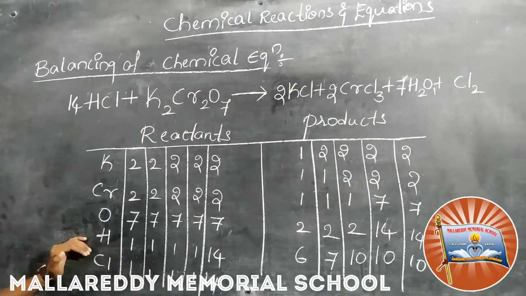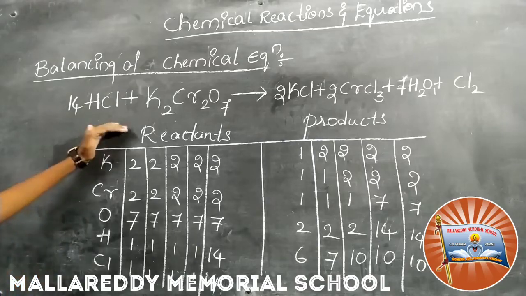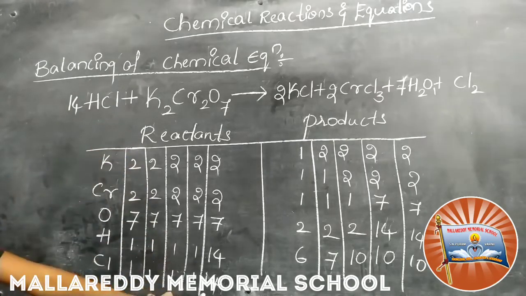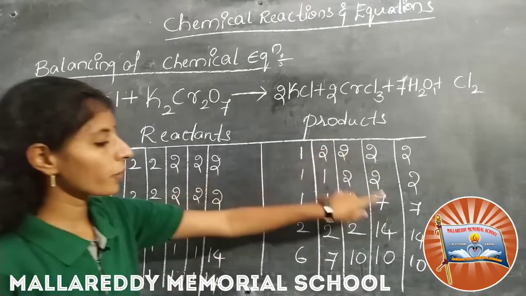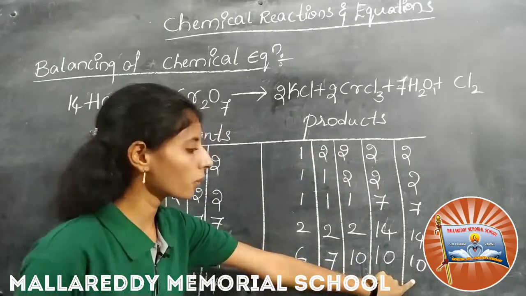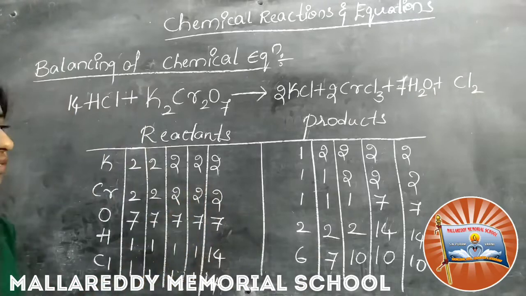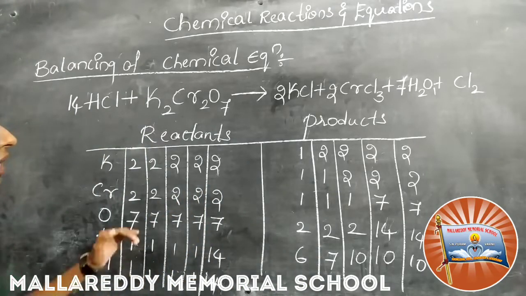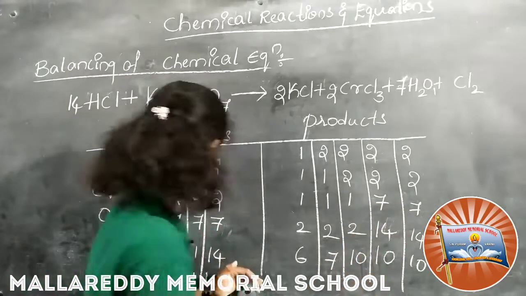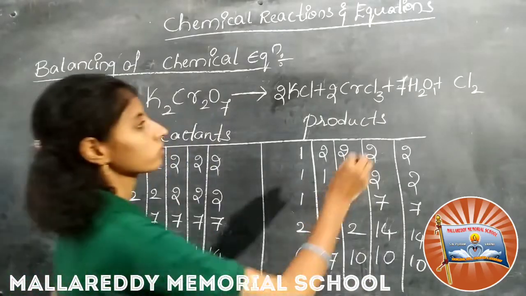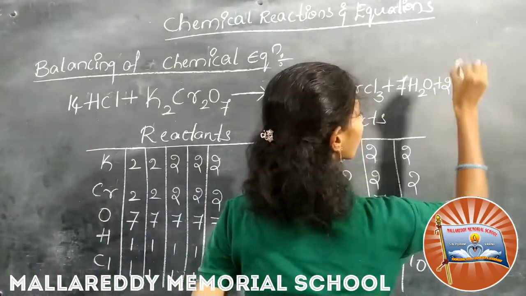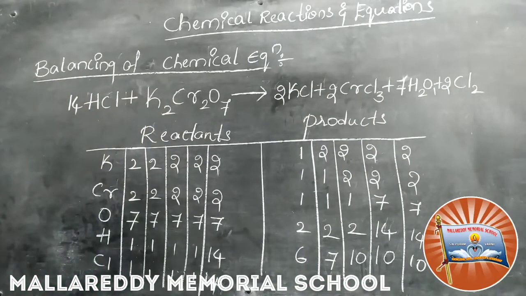Now hydrogens are also balanced. Finally we have chlorine. See, on the reactant side we have 14 chlorine atoms, on the product side we have 10 chlorine atoms. Yes. Now there we have to change the number. Let's count the number of chlorine atoms there.